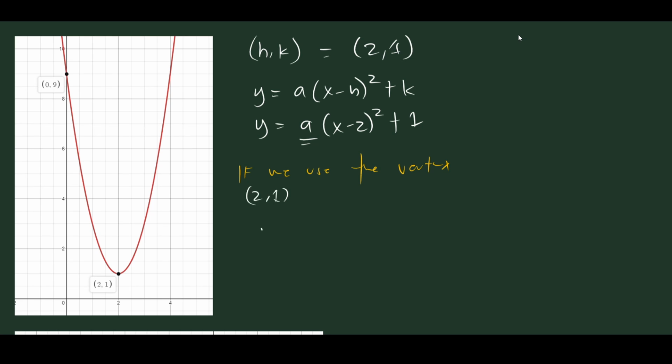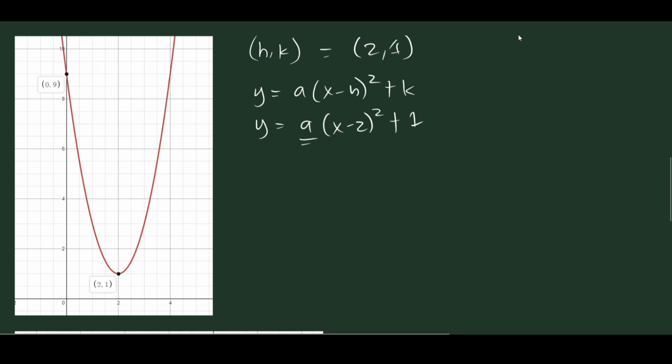So y is 1, and it will be equal to a multiplied by (2 minus 2) squared plus 1. This statement will still evaluate to true, and this will evaluate to 0, so we cannot find our a, right? So what we need to use is another point.